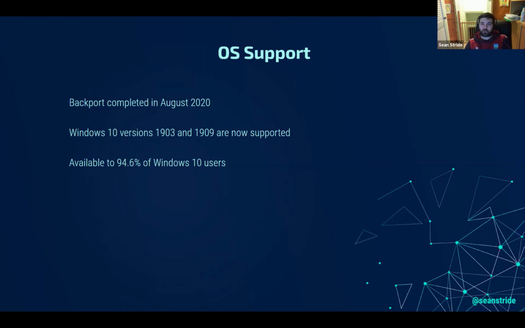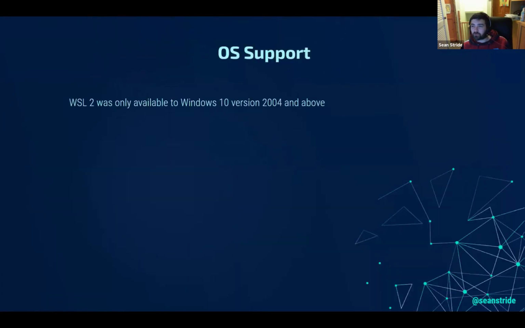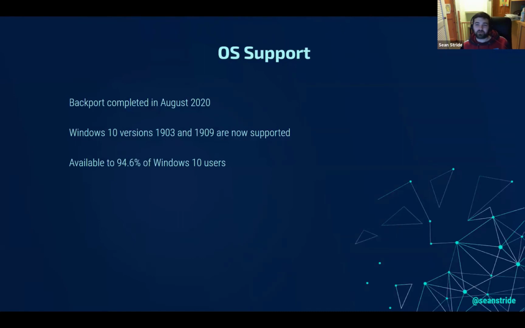And this now means that anyone that's on the March 2019 or September 2019 version of Windows 10 is now supported in terms of WSL2. And that, according to that duplex again, as of December, now covers off 94.6% of Windows 10 users, which is a lot better than the 11.6% that were covered previously, because they want it to be available for as many as possible.